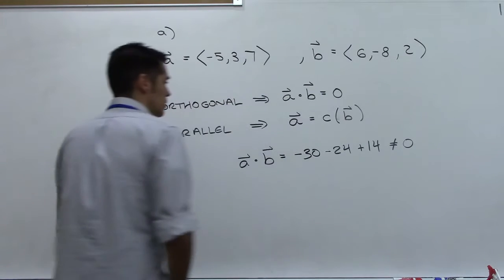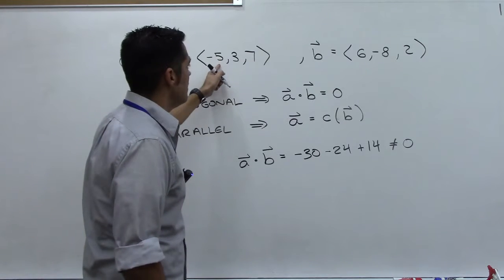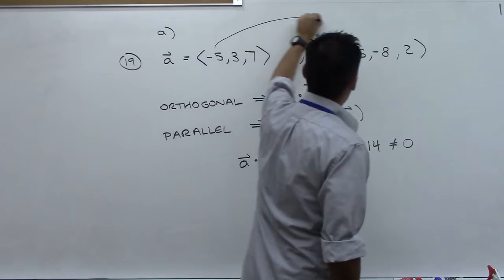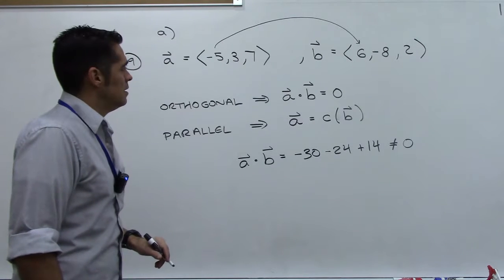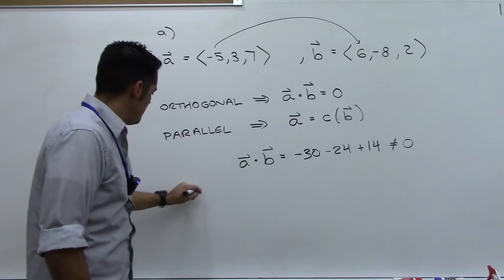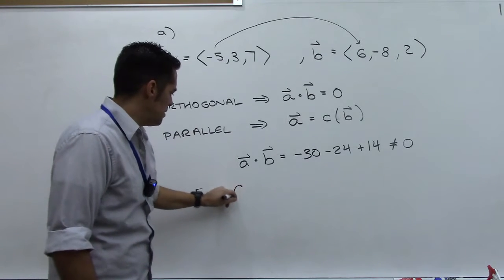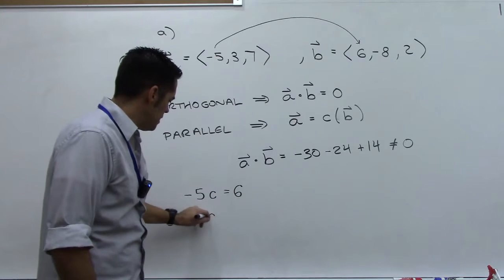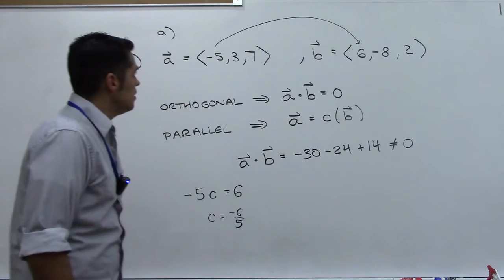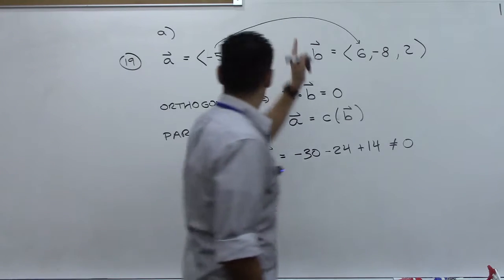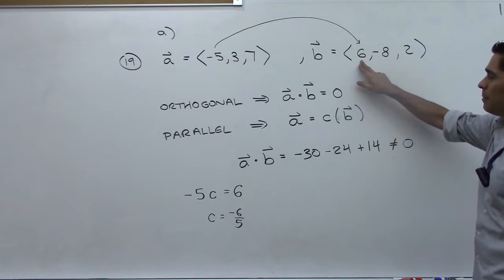Are they parallel? Well, what we need to do is see if there's a way to turn negative 5, multiply it by something, I'm going to call it C, to get 6. Well, C then would have to be negative 6/5. So if I multiply negative 5 times negative 6/5, I would get positive 6.